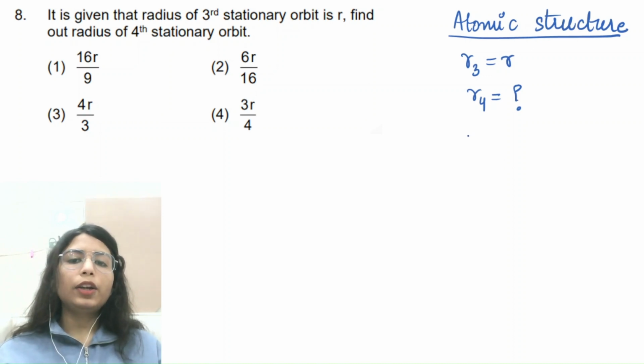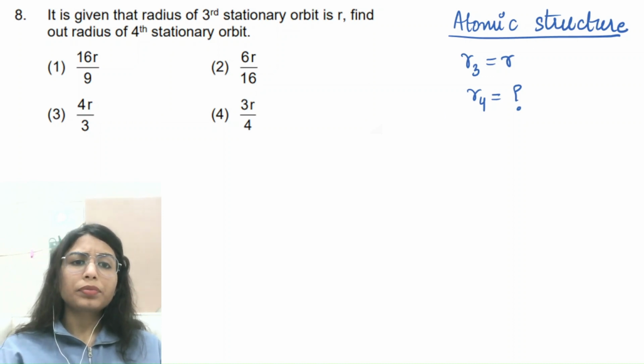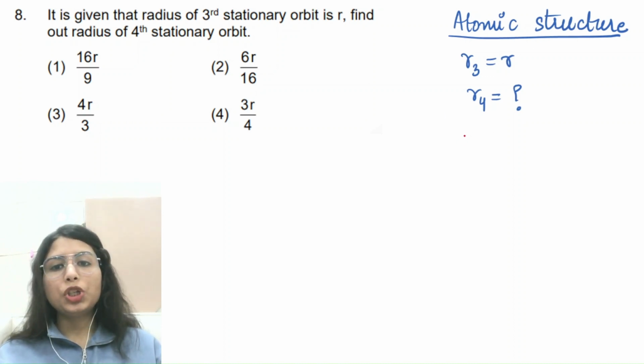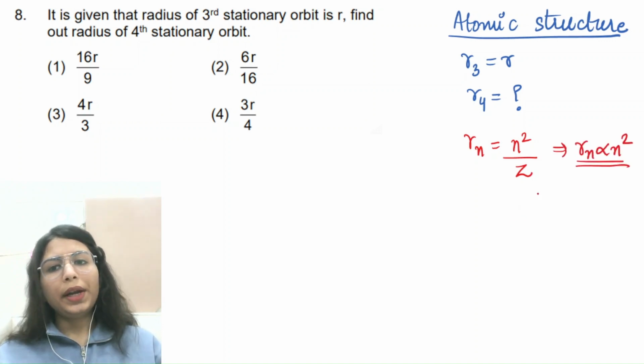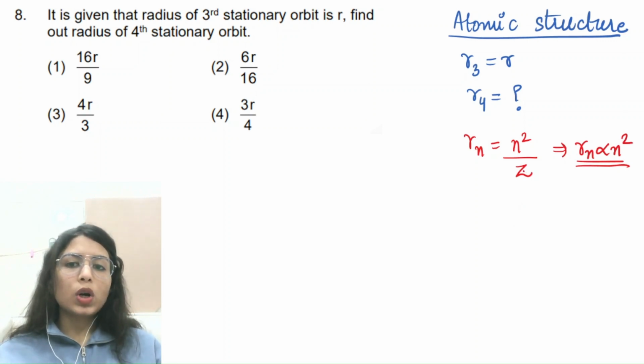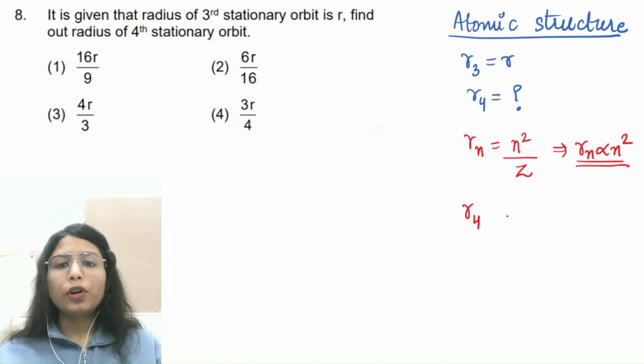When you study atomic structure, for monoatomic species, the radius Rn is directly proportional to n square over Z. This is the formula that you use, and for the same atom, Z is going to be the same. So the only proportionality factor is going to be n square, right? You just have to use this concept in order to answer this question. So you have to find the value of R4.